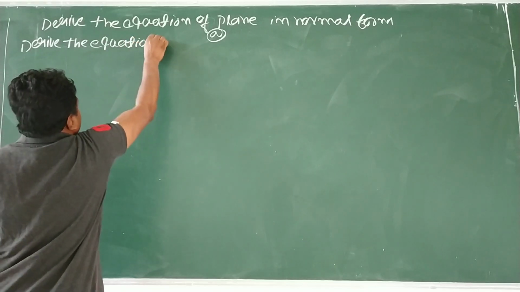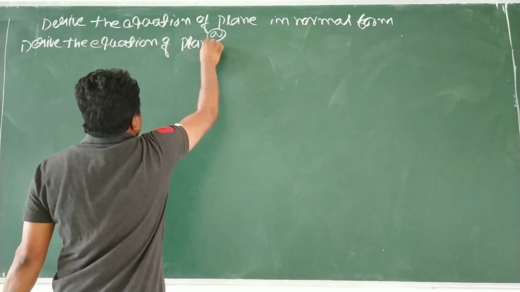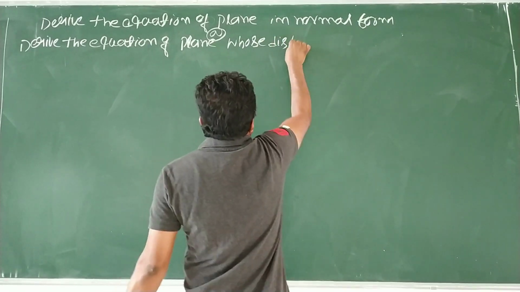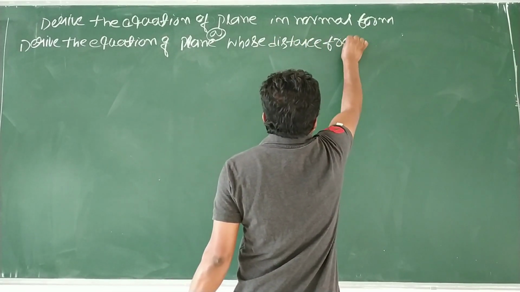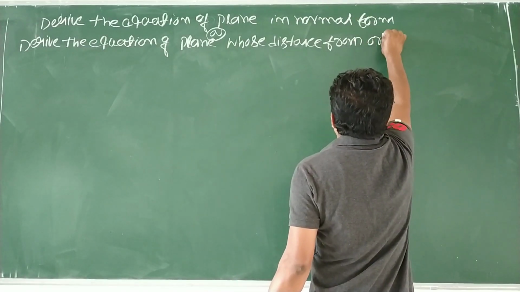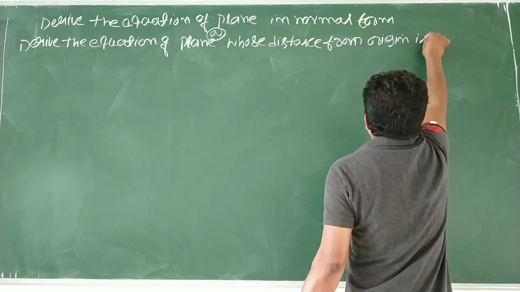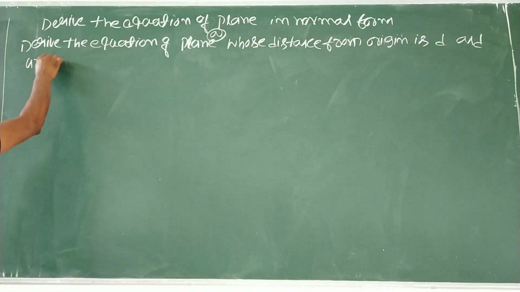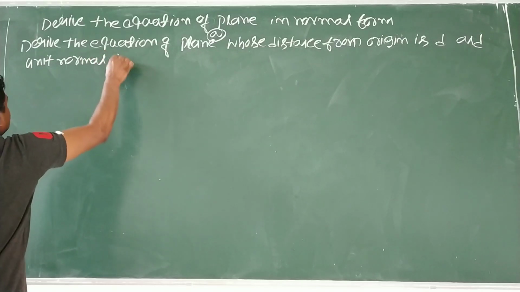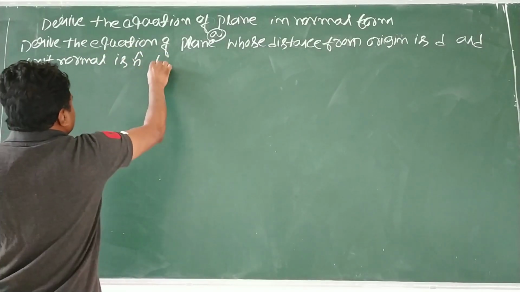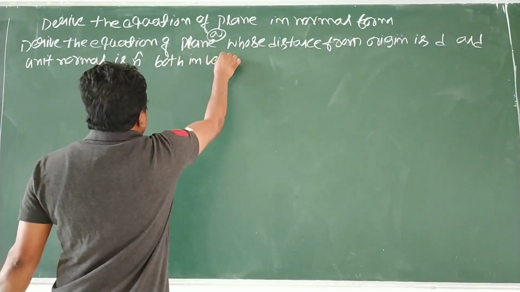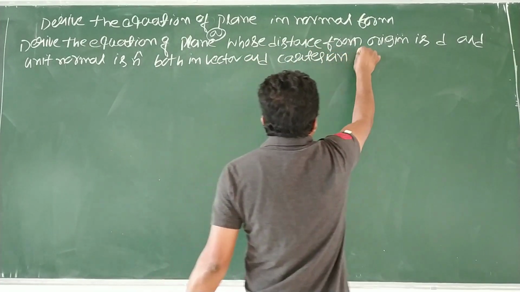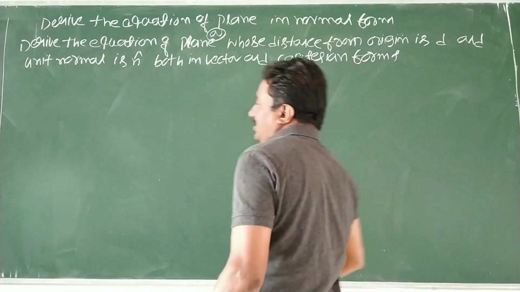Derive the equation of the plane whose distance from the origin is d, and unit normal is n cap, both in vector and Cartesian forms.